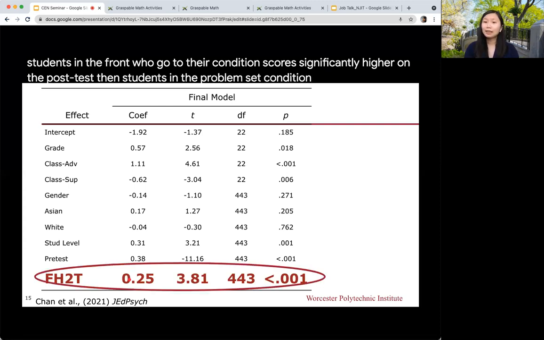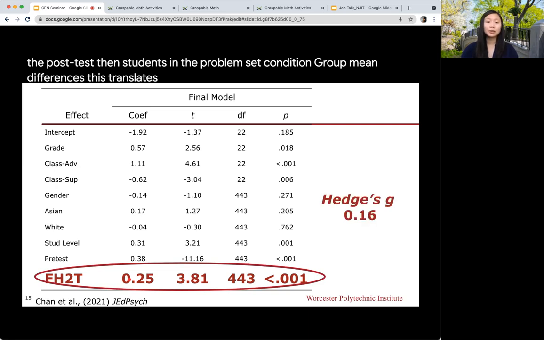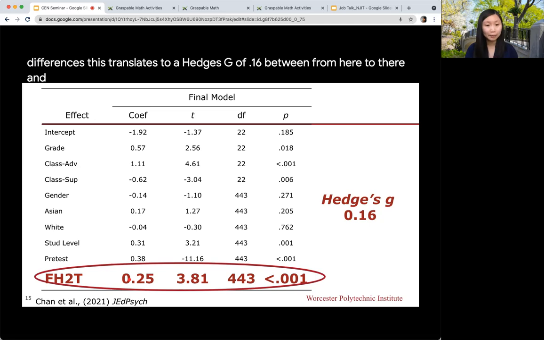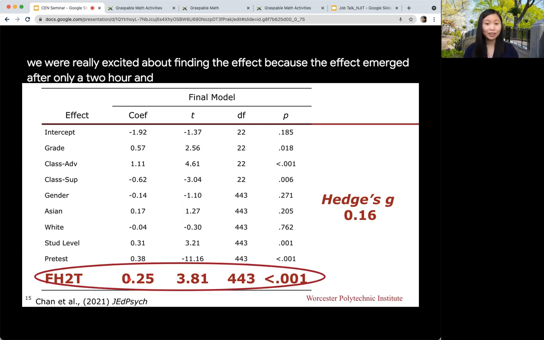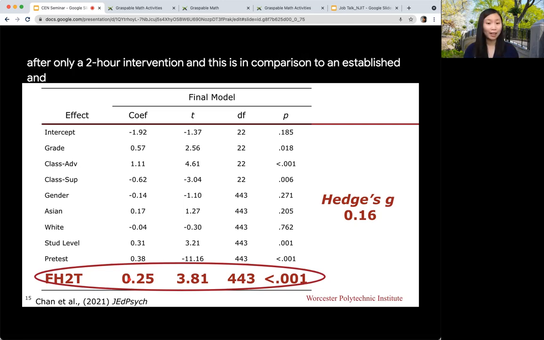In terms of the group mean differences, this translates to a Hedges' g of 0.16 between From Here to There and problem set condition. Although the condition effect may seem modest, we were really excited about finding the effect because the effect emerged after only a 2-hour intervention, and this is in comparison to an established and effective technology like ASSISTments.